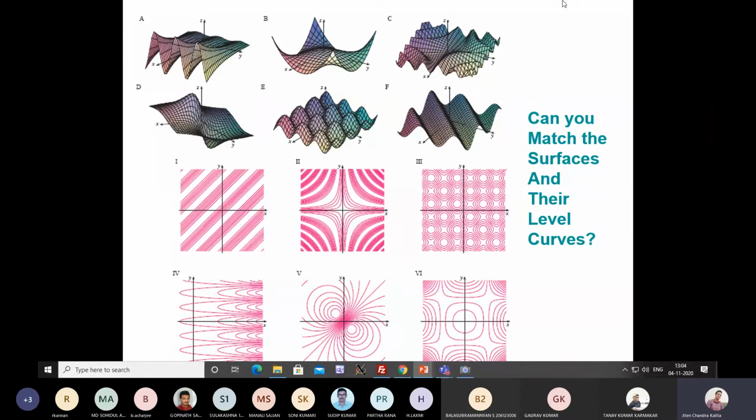So you have to map those surfaces to these level curves. Can you give me 1 or 2 answers here? Yes, this is the easiest. This one, E is the easiest. Can you tell me? E will be mapped to what? 3. E will be mapped to 3.